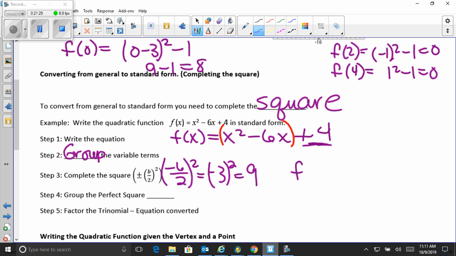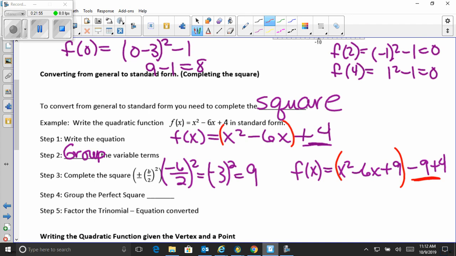So this becomes f of x is equal to x squared minus 6x plus 9 minus 9 plus 4. Now I'm grouping, because this was the whole purpose here, that perfect square trinomial. And this is just my leftovers, and that's going to give me my vertical movement.